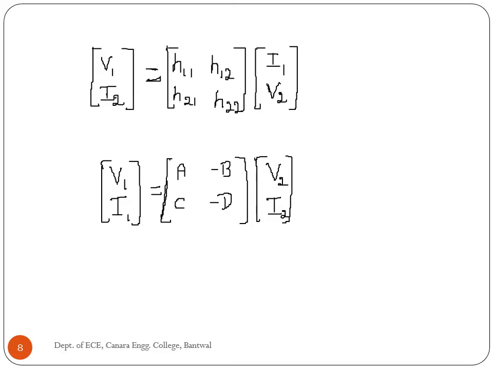ABCD parameters provide the link between the supply and receiving end voltages and currents, considering the circuit elements to be linear in nature.